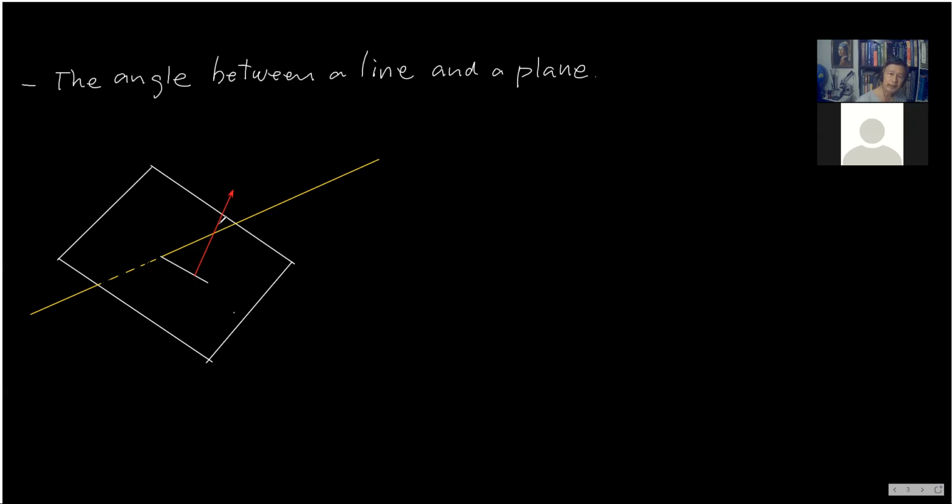That would be the angle theta. So this is a straight line, and we use d. That's just vector d. And there's another vector which determines the normal direction of the plane.